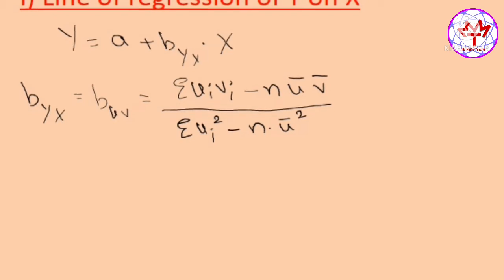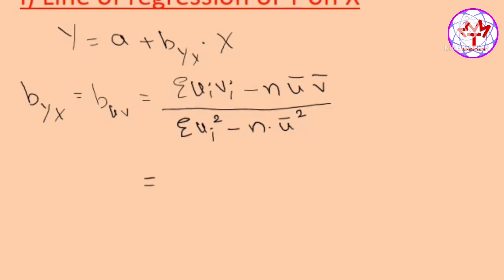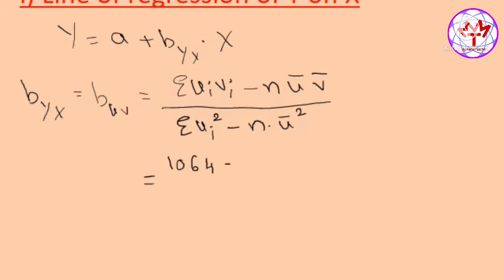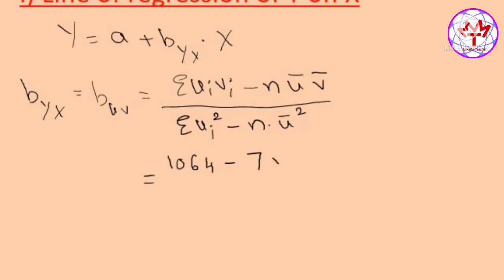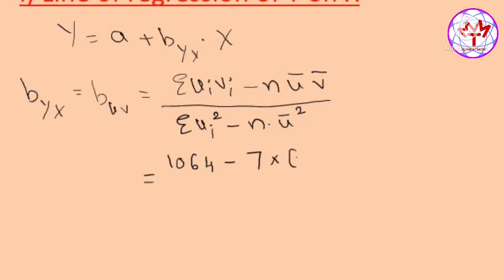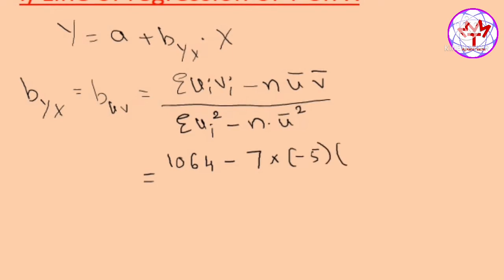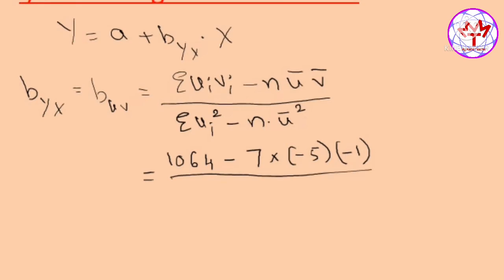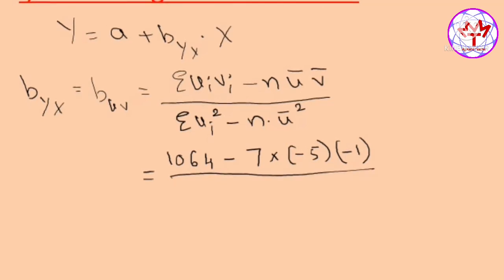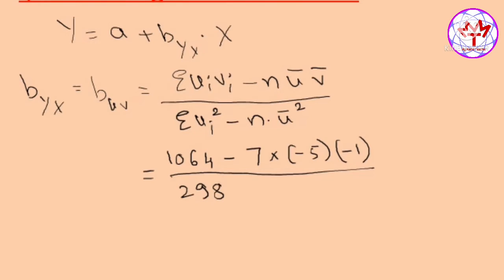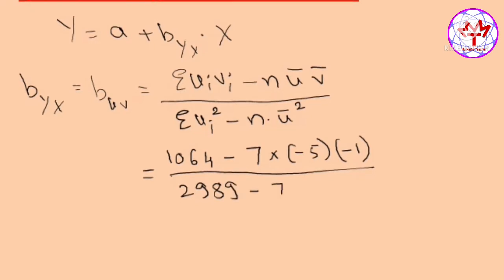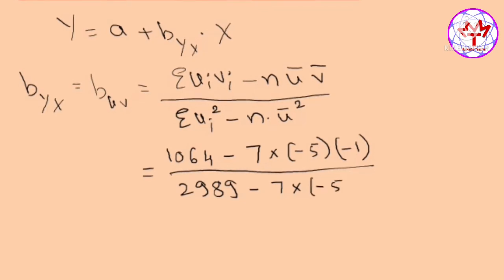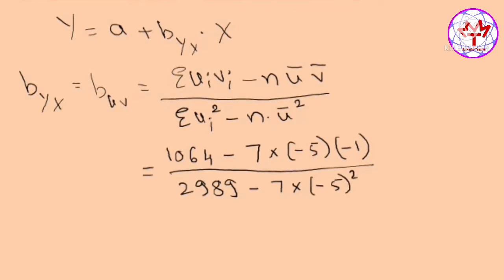So now simple, we have to substitute the values. Summation ui vi, it's given 1064 minus n, that is 7, into u bar we have got minus 5 and v bar we have got minus 1, upon summation ui square is 2989 minus n is 7 into u bar square, that is minus 5 square. So let us simplify this.